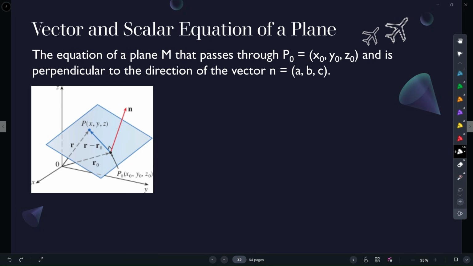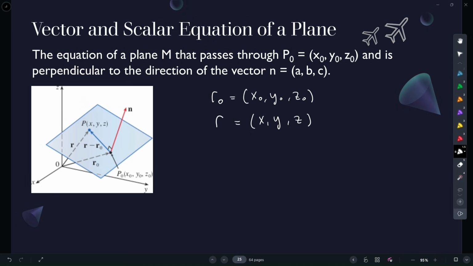The position vector for P naught is R naught, which has the same coordinates x naught, y naught, z naught as P naught. The position vector for the point P is just R, and it has coordinates x, y, and z.